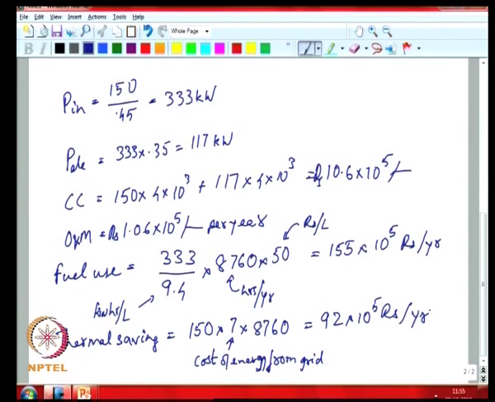Then you could calculate your annual electrical energy production.